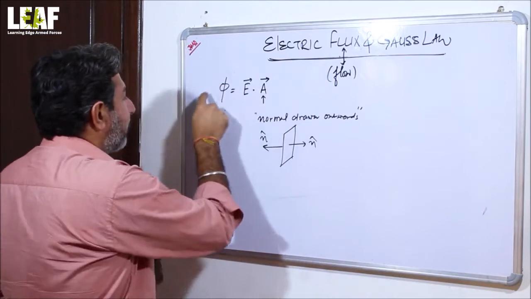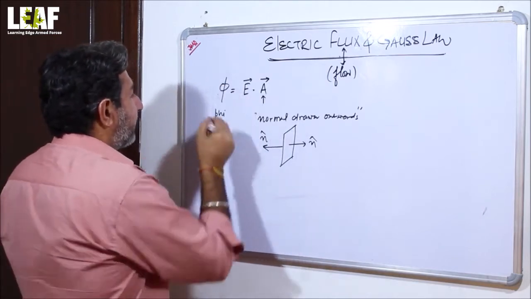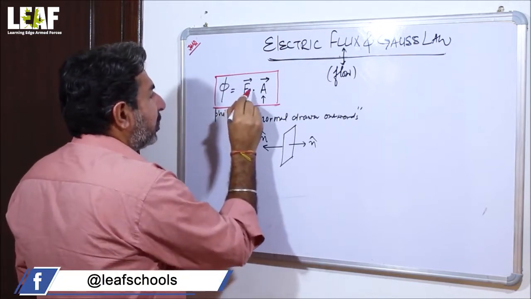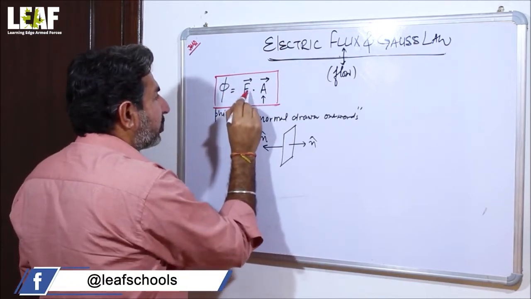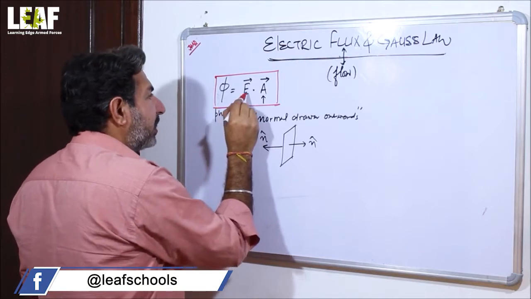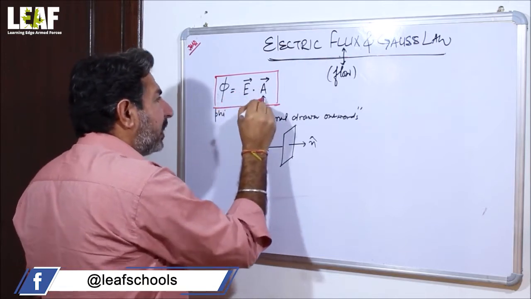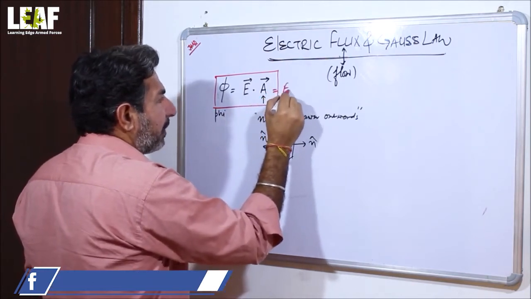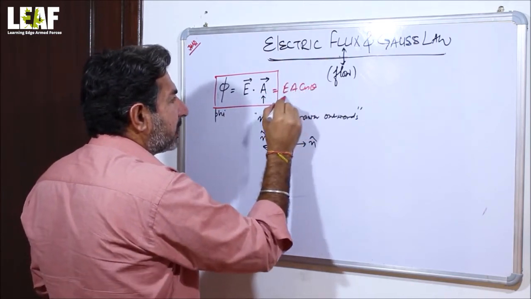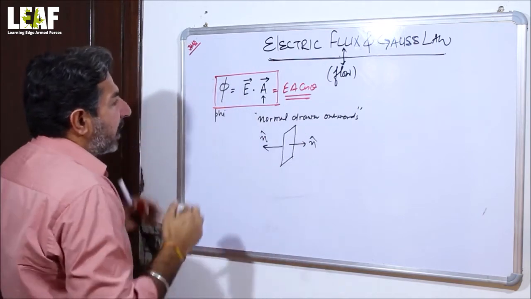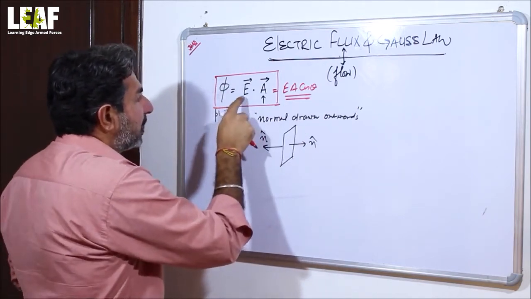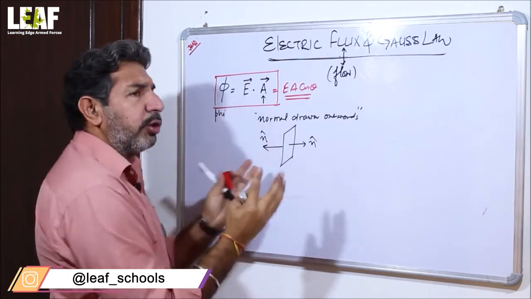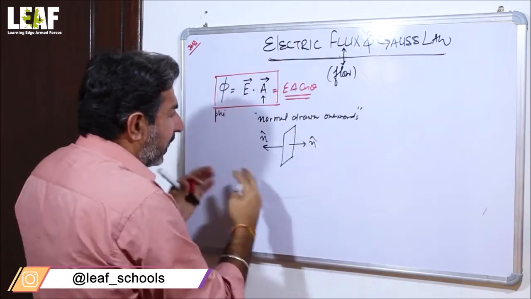So this is the basic expression of electric flux, which is the dot product of the electric field vector, provided it is a uniform electric field for the given area A, and it can be written as EA cos theta. Generally, the electric field cannot be considered uniform throughout a very big area.